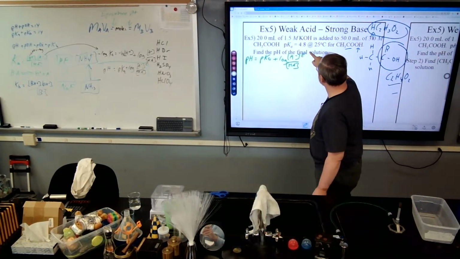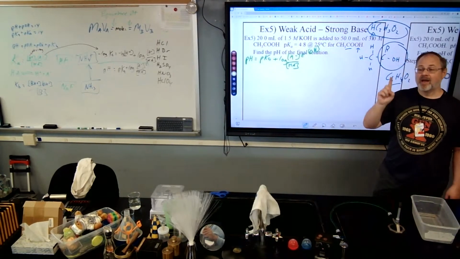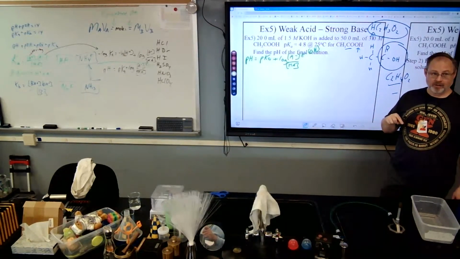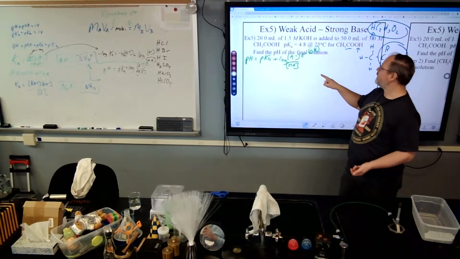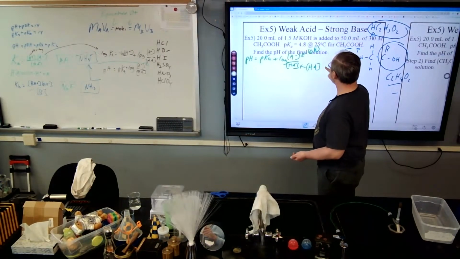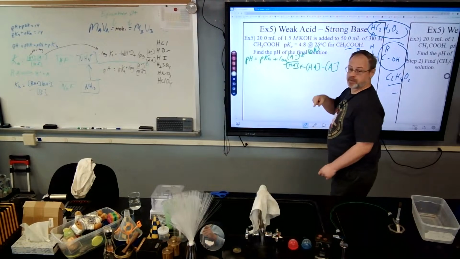The concentration of A minus equals the concentration of the OH, because every hydroxide that eats an H plus from the HA leaves behind an A minus. And then the HA is going to be the original concentration of HA minus the concentration of A minus.